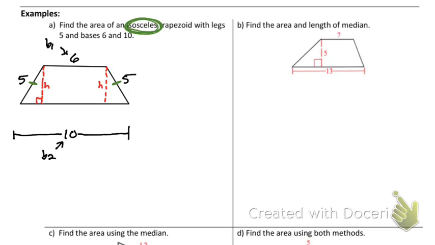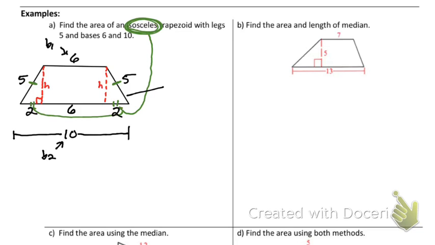An isosceles trapezoid, and only an isosceles trapezoid, lets me say that this little segment is congruent to that little segment. So that means this distance down here is 6, and that's going to leave me with 2 and 2 over there. That lets me actually solve that triangle.